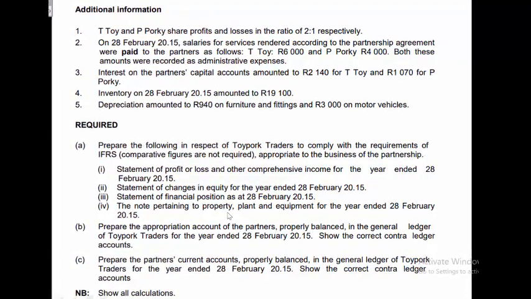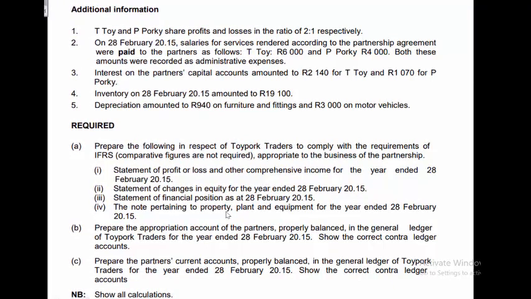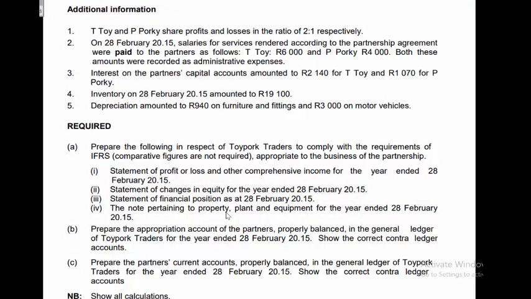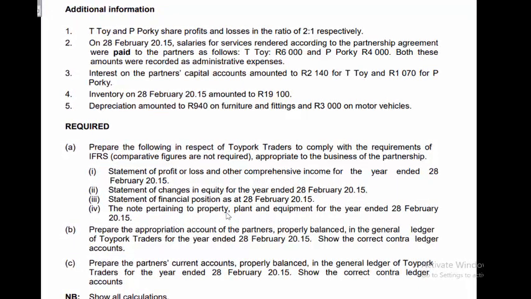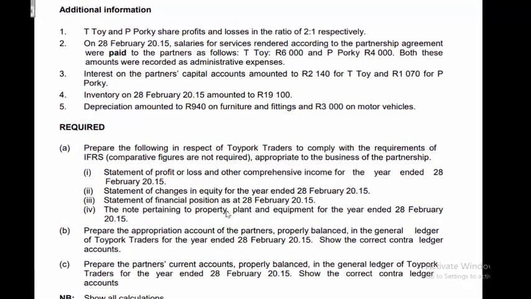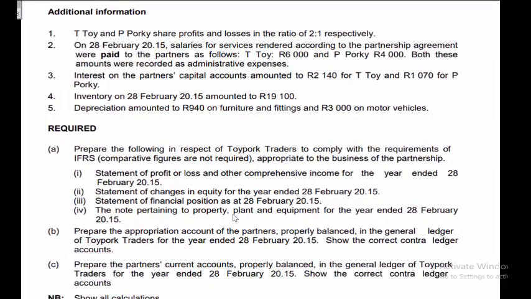Now on the 28th of February 2015, salaries for services rendered according to the partnership agreements were paid, right? So they were withdrawn by the partners as follows: T-Toy 6,000, P-Porky 4,000. So this is very critical information.